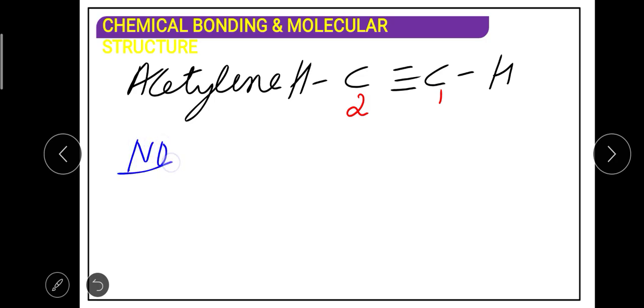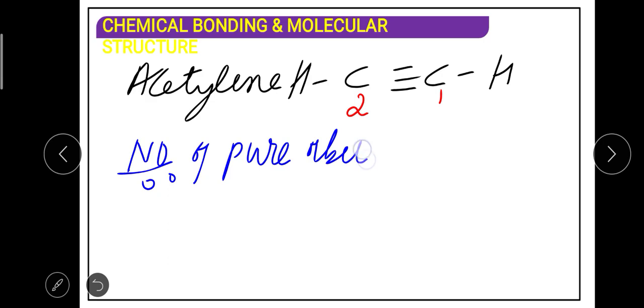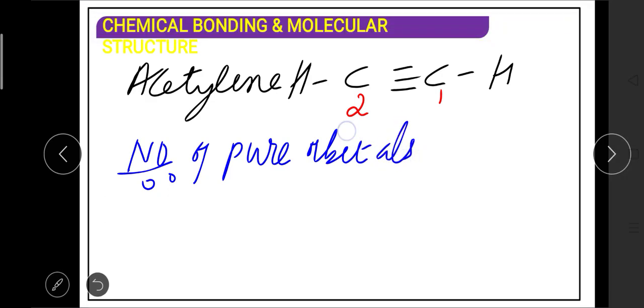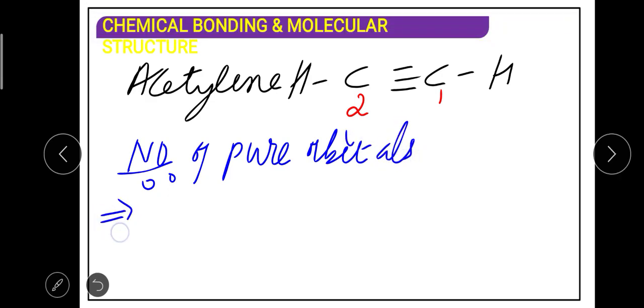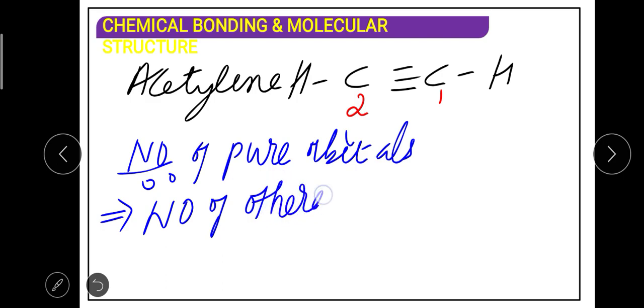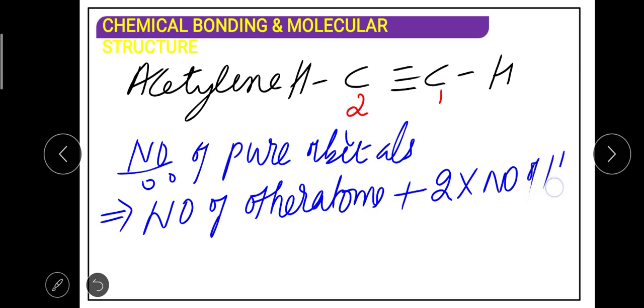Number of pure orbitals equals number of other atoms plus 2 into number of pi bonds.